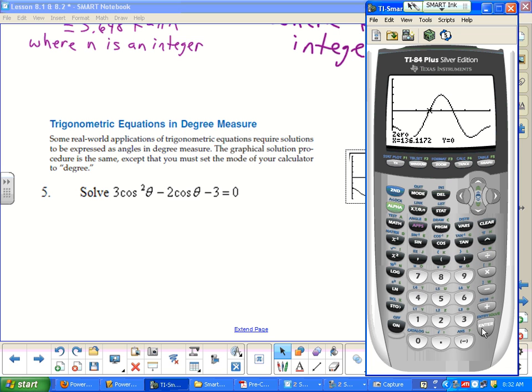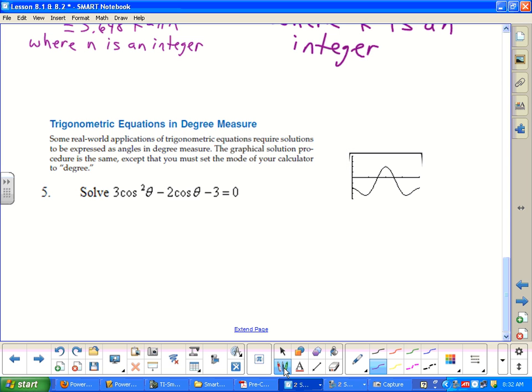All right, so 136.1 degrees is plenty. So we have 136.1. And 223.9.